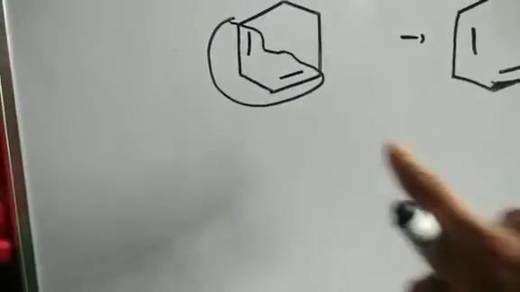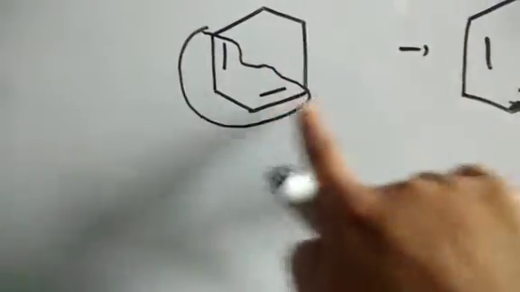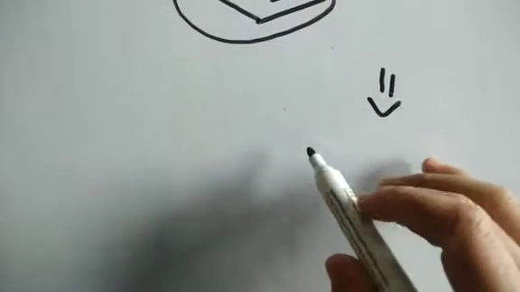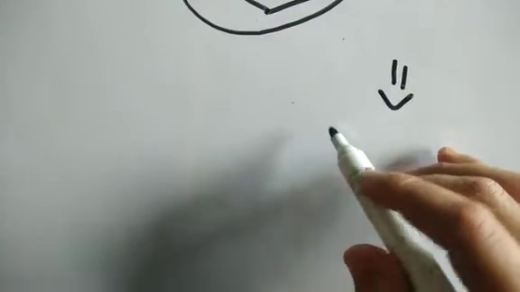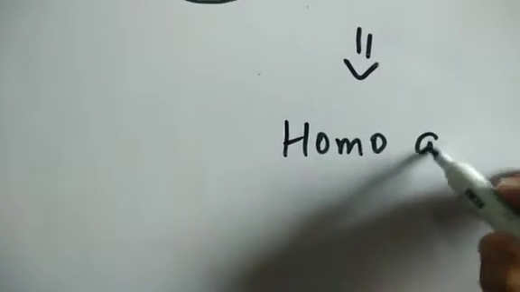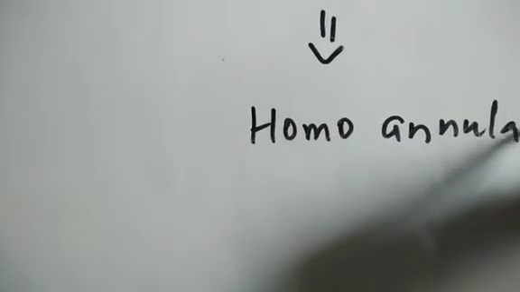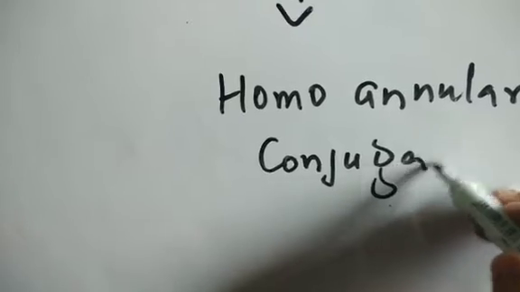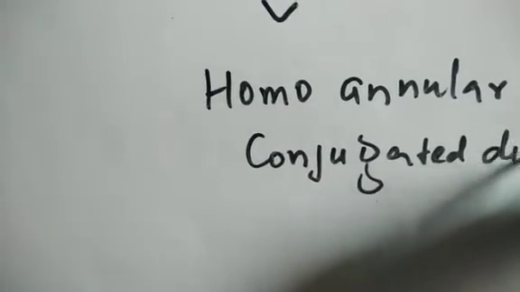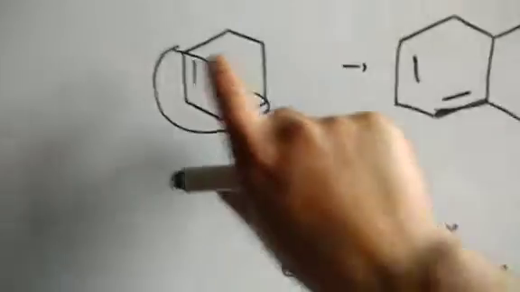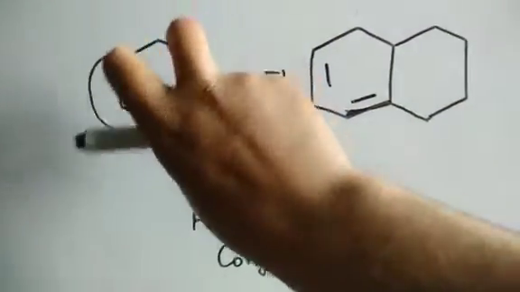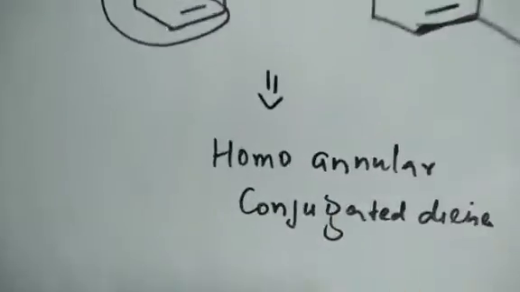So that means if both the double bonds are in a single ring, this type of system we call a homoannular conjugated diene. Homoannular. Annular means ring. तो एक important चीज़ याद रखनी है, conjugated diene. Cyclic में we can be in this form or this form. When both the double bonds in conjugation are inside the ring, it's called a homoannular conjugated diene.